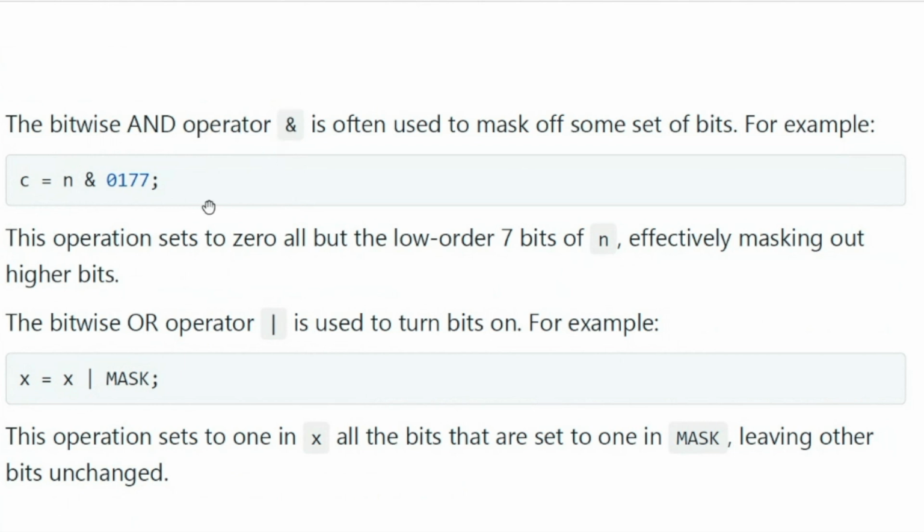And we have a number n, and we AND that with 0177. Anyone tell me what this value is? 0177. Anyone? Hexadecimal number? Yeah, octal number. That's the octal number.